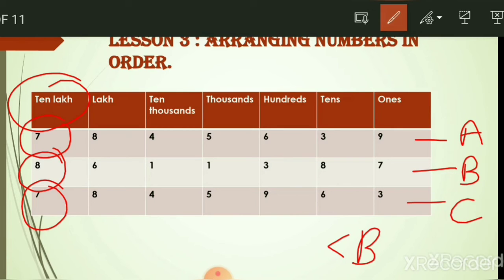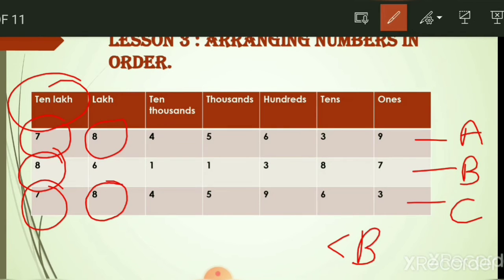Now let's compare A and C number. So for this, let's come to the next place, that is lakh. So here we can see the A number is having 8 at lakhs position, and C number is also having 8 at lakhs position.